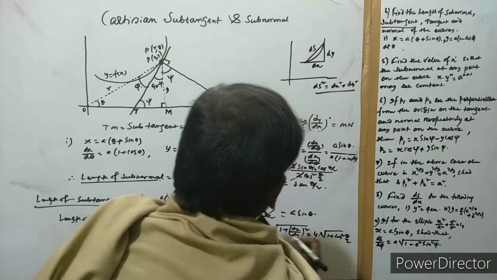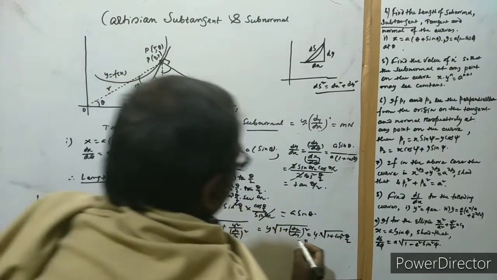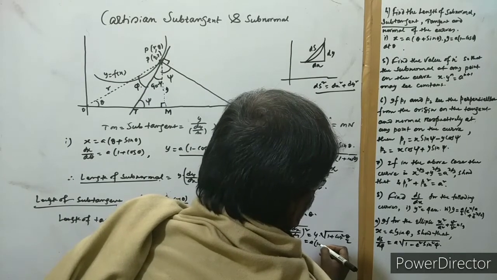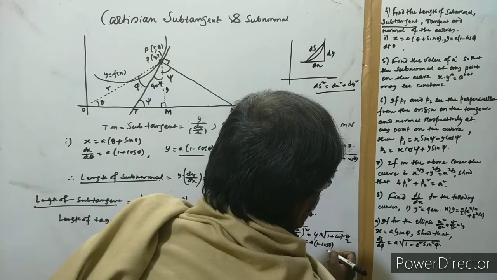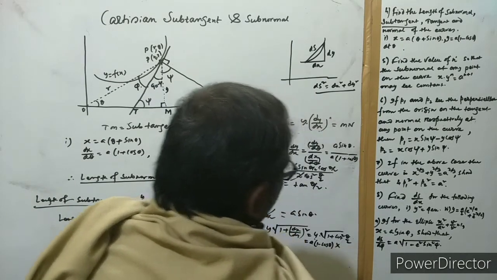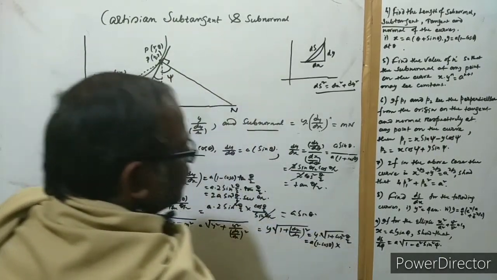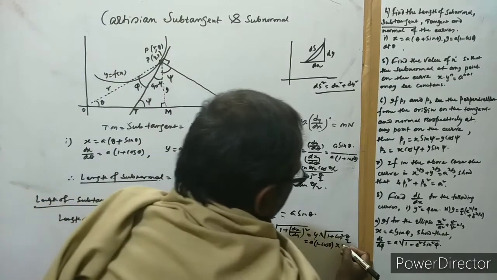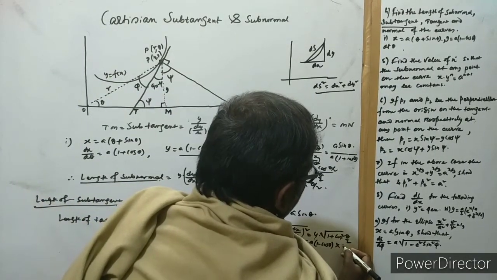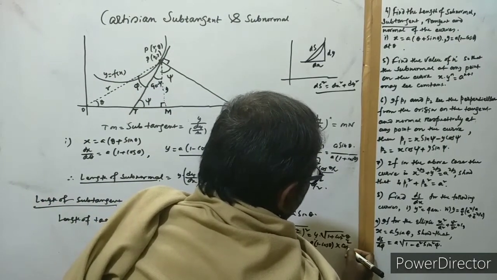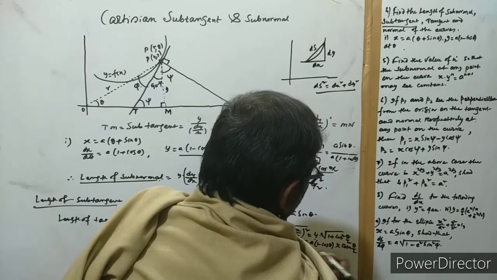And y means a into 1 minus cos theta, and 1 plus cot square is cosec square, so cosec theta by 2.